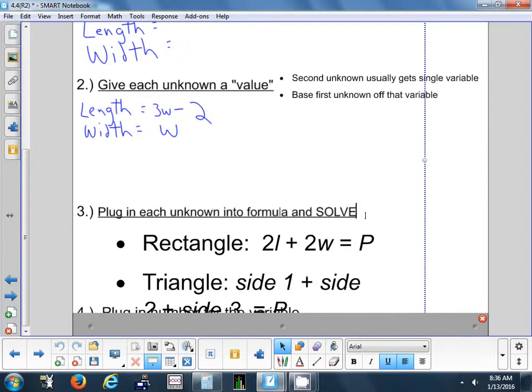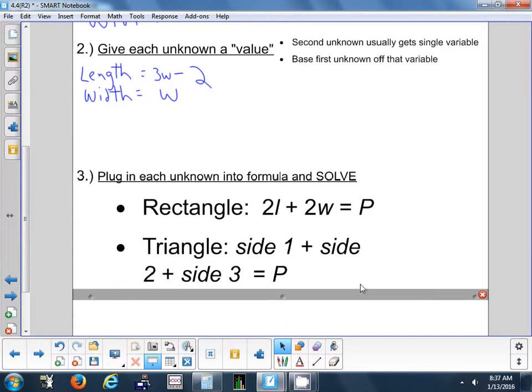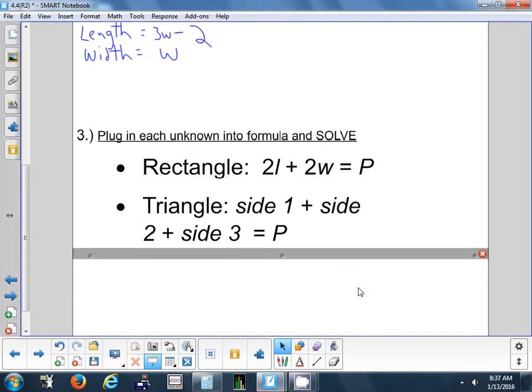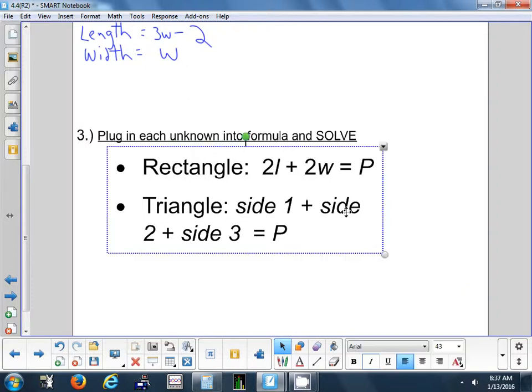Triangle, 3 sides. We're going to do side 1 plus side 2 plus side 3 will give me the perimeter. Right? Mr. Hager made it a little bit bigger for you guys. All right? So rectangle, twice the length plus twice the width equals P. Triangle, side 1 plus side 2 plus side 3 will give you the perimeter.